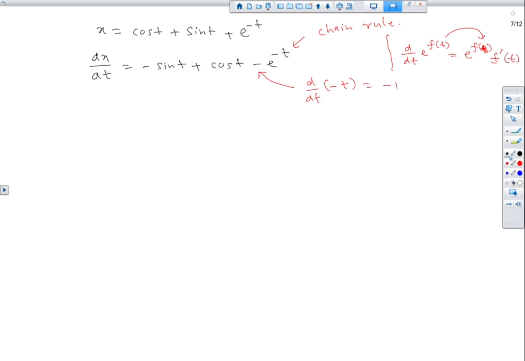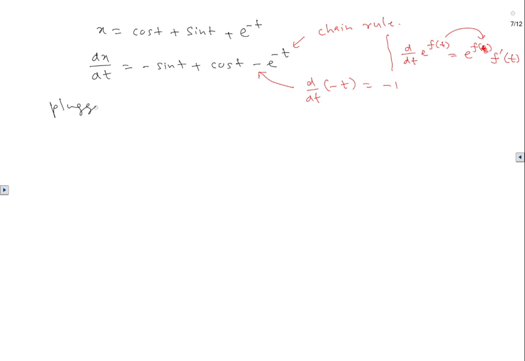Now we're going to plug that in. Plugging in, we get dx over dt plus x equal, where dx over dt we find is negative sine t plus cosine t minus e to the minus t, plus x, which is cosine t plus sine t plus e to the minus t.